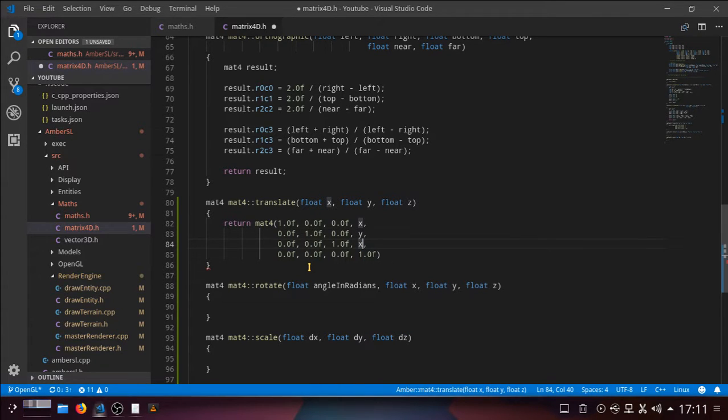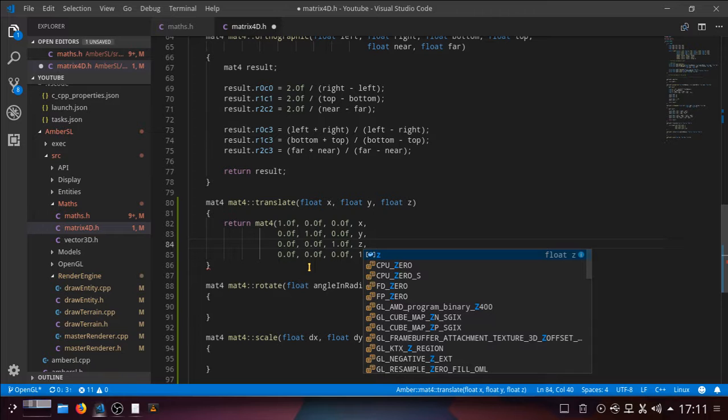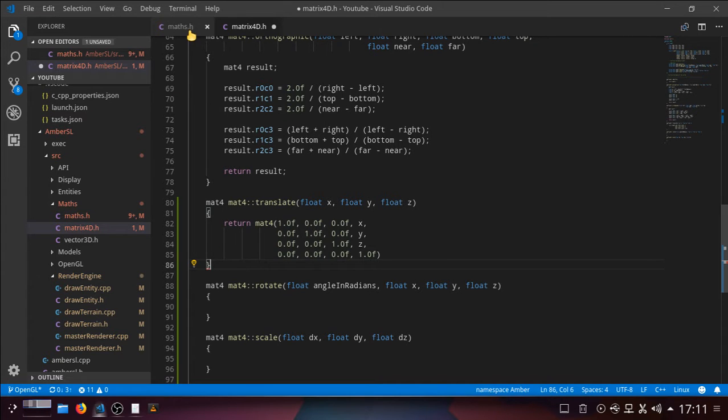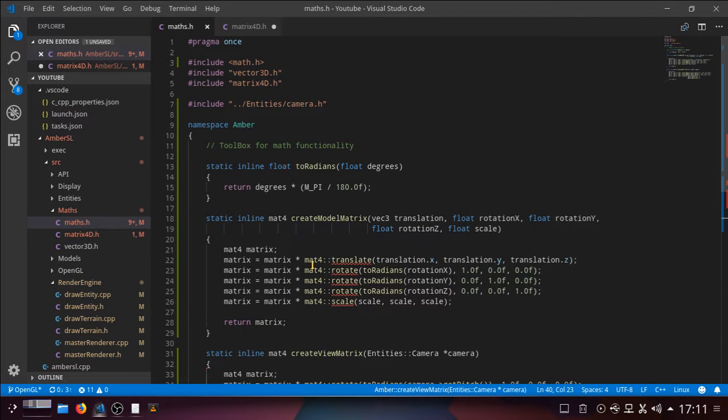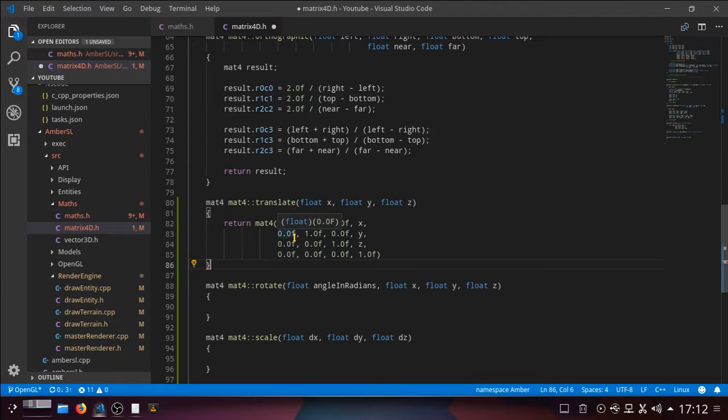That turns a translation, or your position in the world, into a matrix, which can be multiplied by another matrix to add them together to compile it into a final matrix, which is exactly what we've just done here. So that's how it works. Will that give us a translated matrix? Yes, it will. That is what a translated matrix looks like.